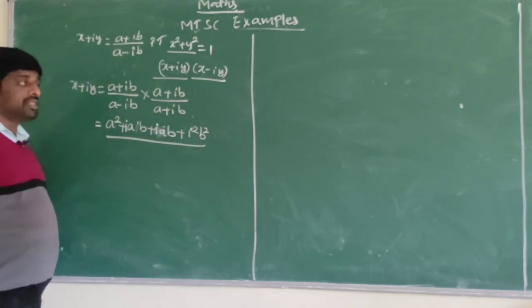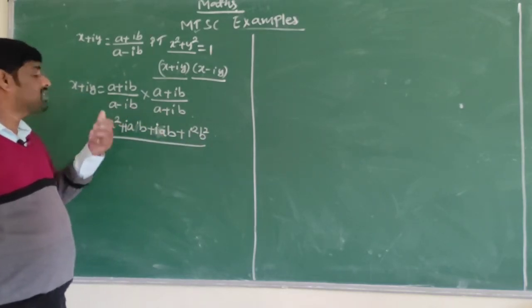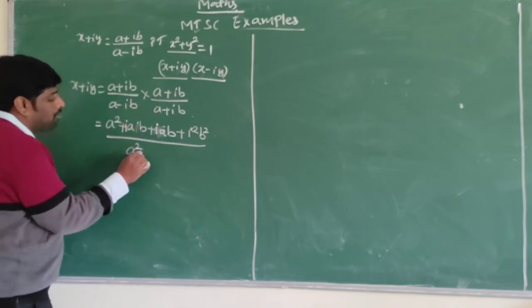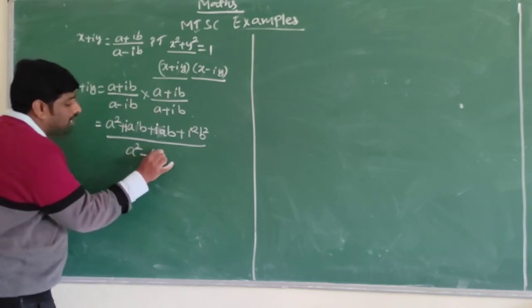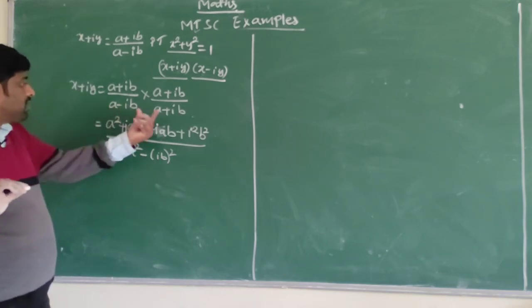The denominator is a plus ib into a minus ib, that is a square minus (ib) whole square, of the form a plus b into a minus b.